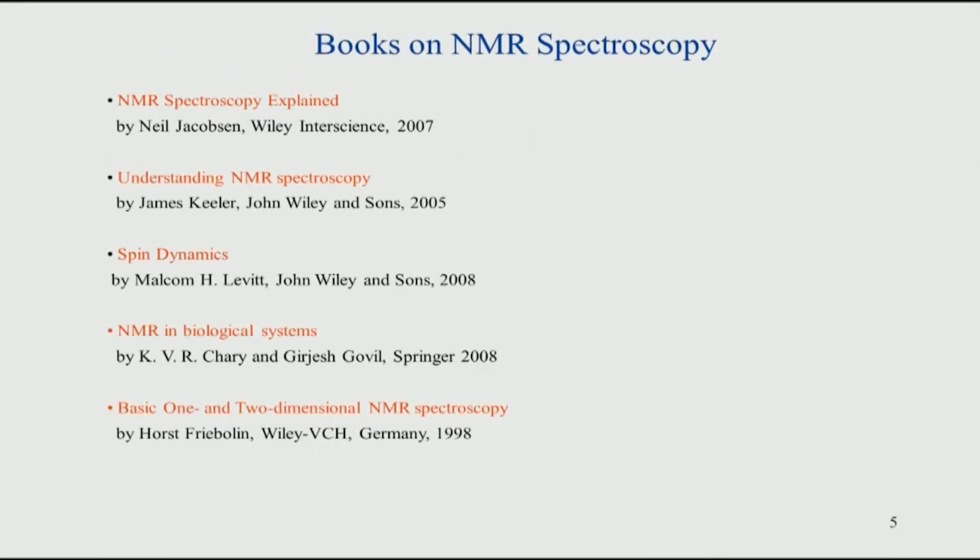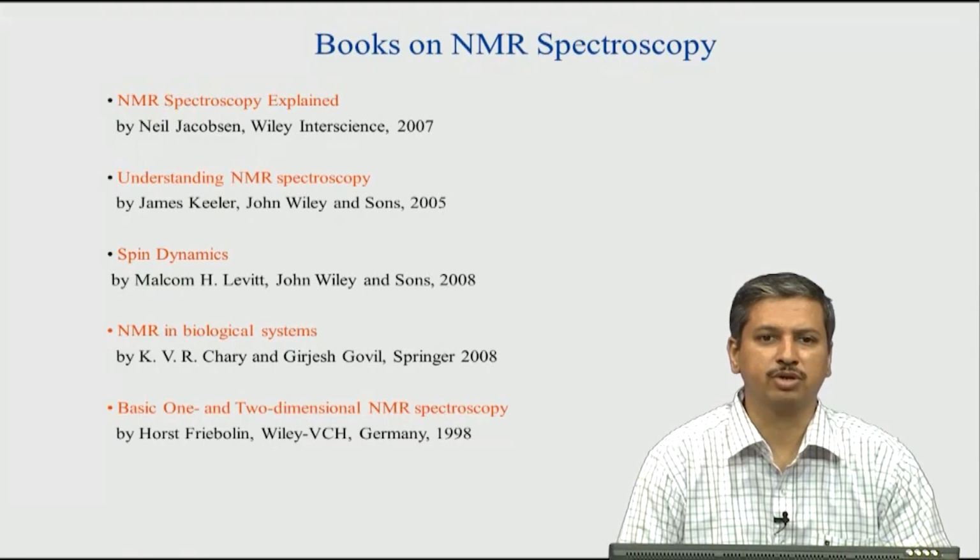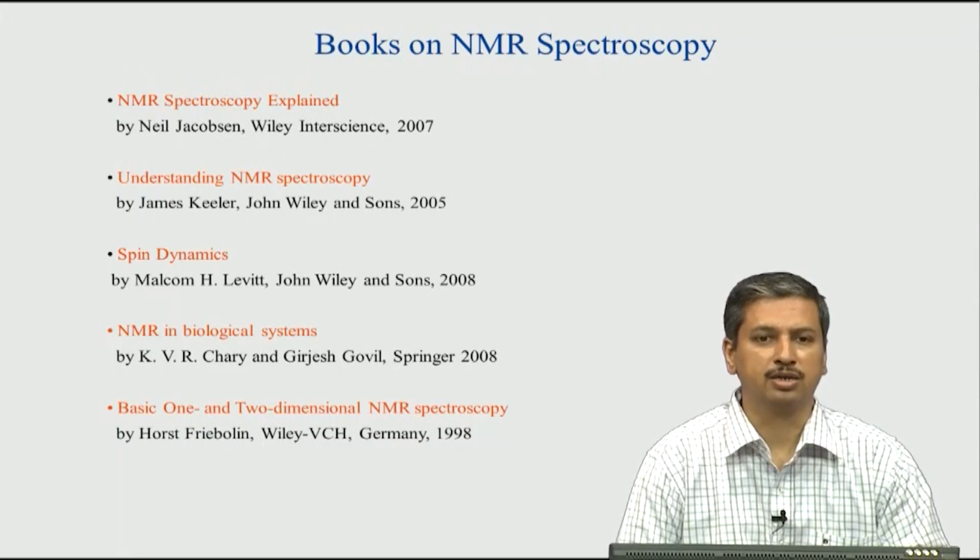Before we go on to the details of the course, I would like to suggest some books which you can refer to during this course. There is a very nice book called NMR Spectroscopy Explained by Neil Jacobsen, and some of them are available online. James Keeler's book, Understanding NMR Spectroscopy, is the most popular book today among students, and it is very nice.